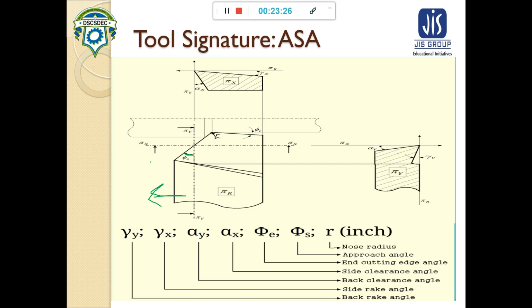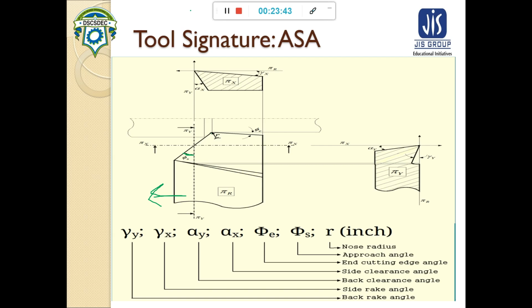This we can see in the pi x plane. The pi x plane means we just put a slice here, we just cut this lower part out, and we are seeing the upper part only.